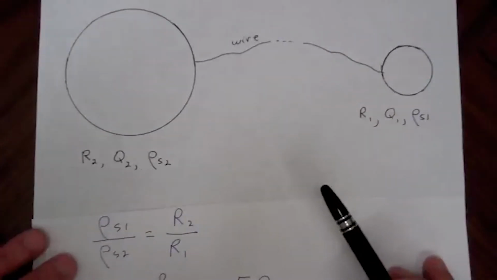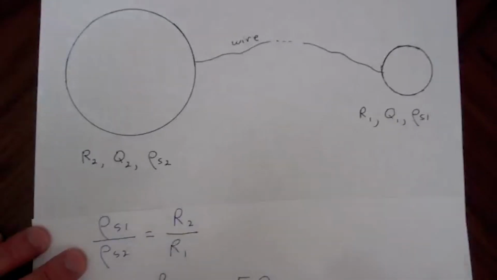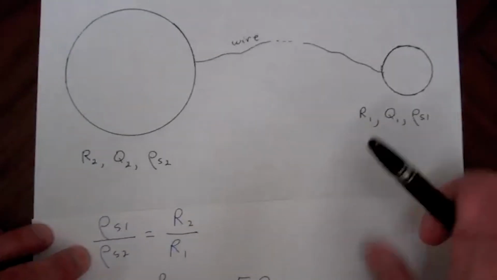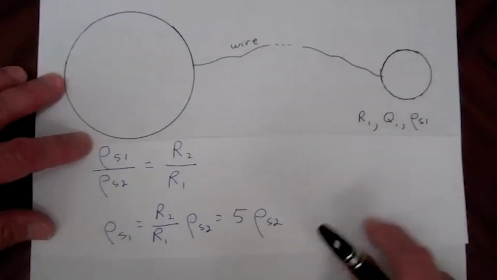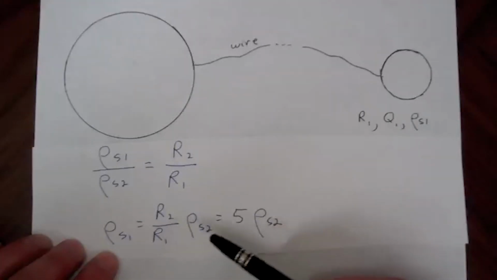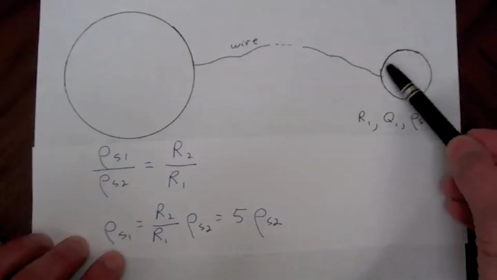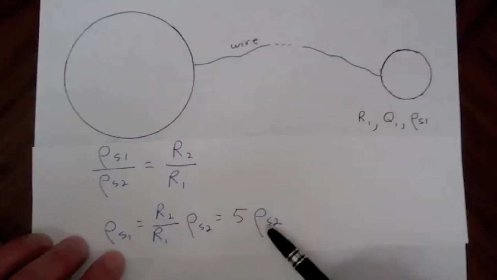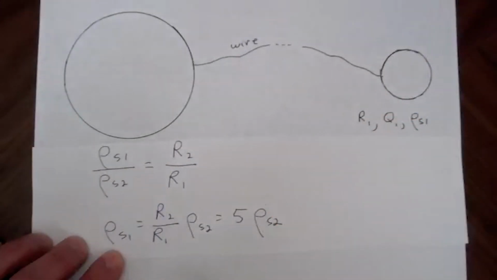So we've just developed an equation on how the charge densities on the two spheres compare to the radii of the two spheres. So the charge density on sphere 1 is going to equal R2 over R1 times the charge density on sphere 2. So for this particular example, the charge density on our smaller 1 meter sphere is going to be 5 times the charge density on our 5 meter sphere.